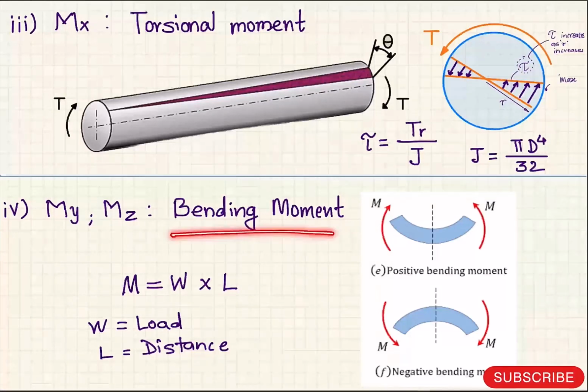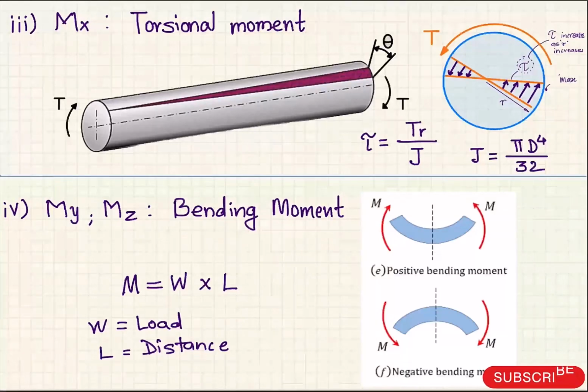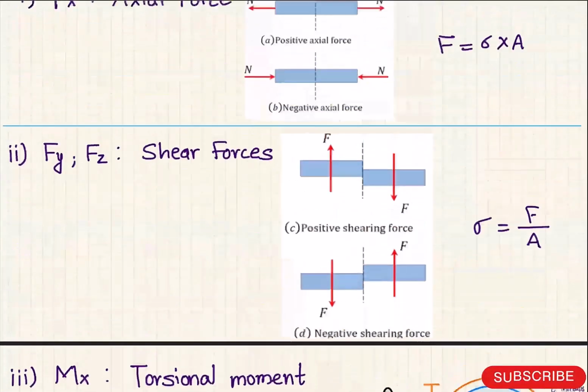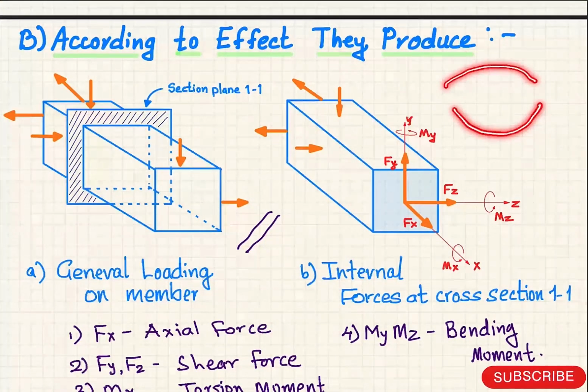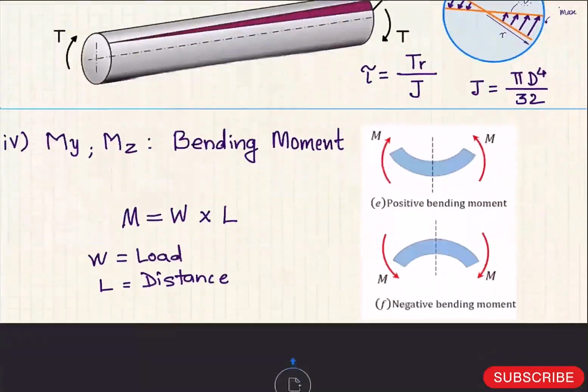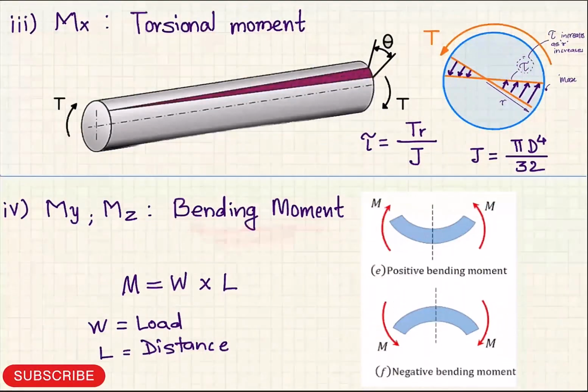Next one is the bending moment. Let's understand the bending moment. Some forces are acting on the body from this direction, creating a concave or convex shape in the specimen. How, we will understand now. The bending moment formula is load into length.